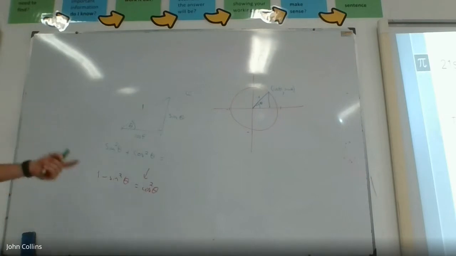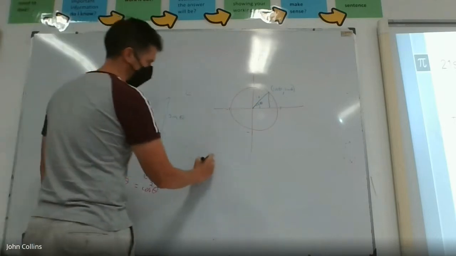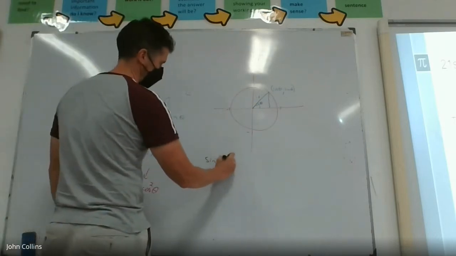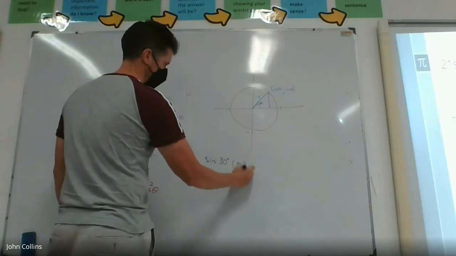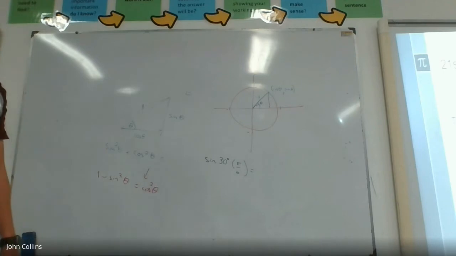So we may have noticed so far that sine and cosine are kind of opposite each other a little bit in a way. When we have sine of 30 degrees or pi over 6, Bella, what's sine of pi over 6?